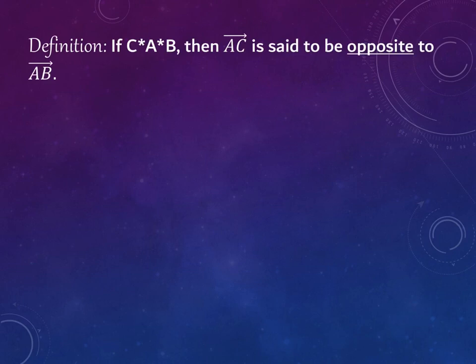If it's helpful to you, we can do that. So here are our three collinear points that are referenced. We're talking about ray AC, which is over here, and ray AB, which is over here, and we would say that those are opposite rays.